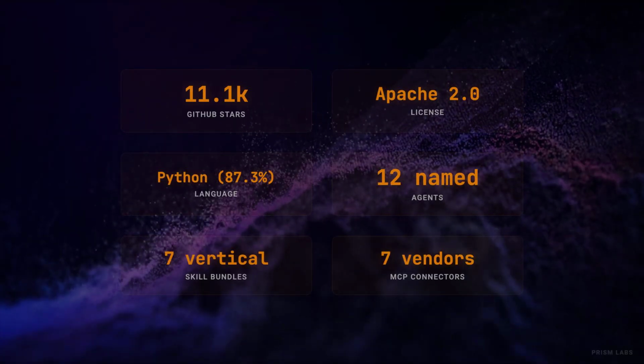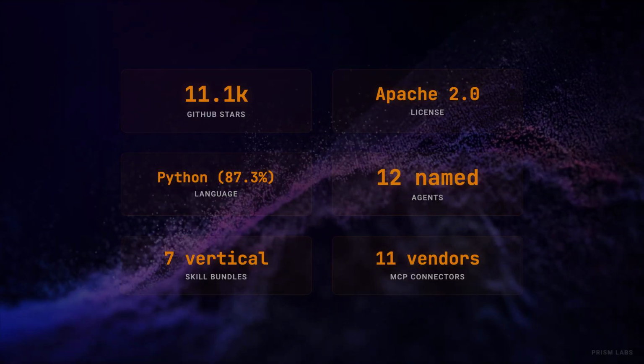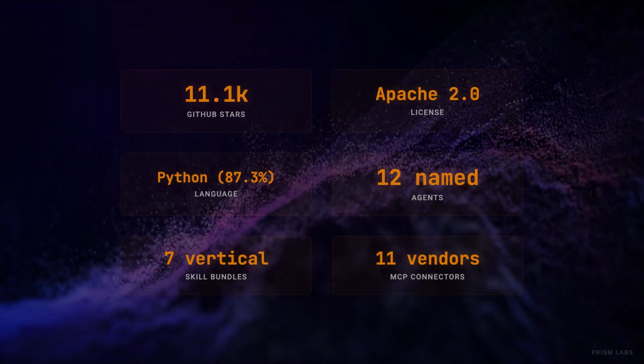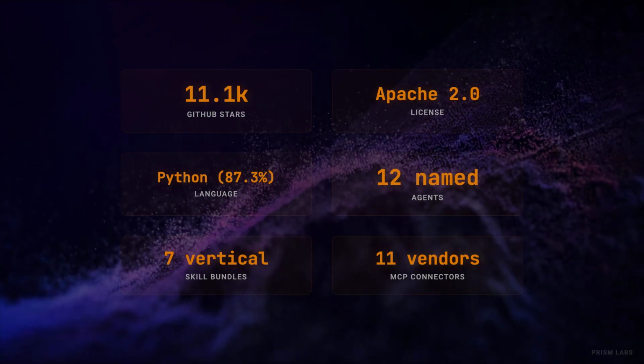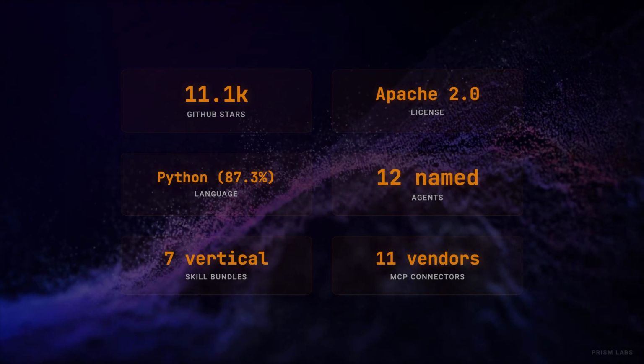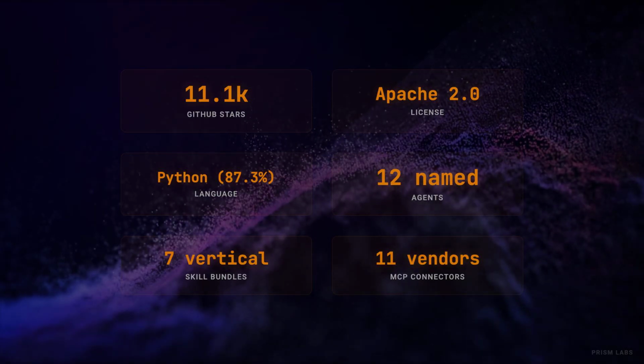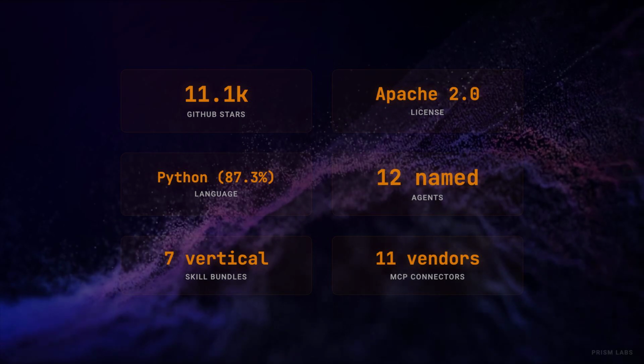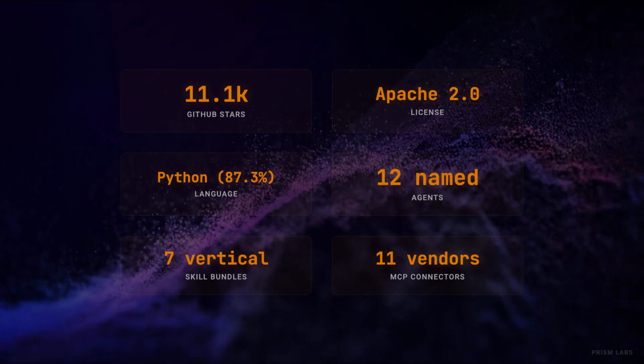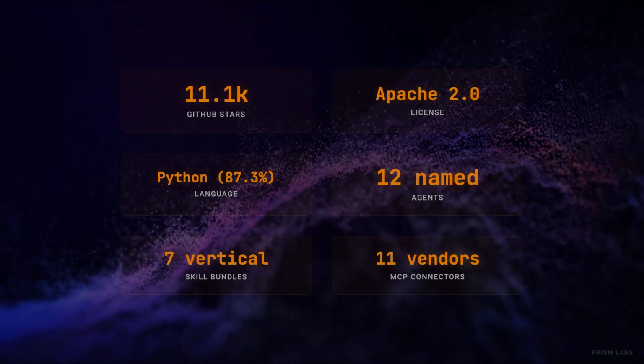By the numbers. 11.1K GitHub stars on anthropics/financial-services. Apache 2.0 license. Fork-friendly, production-friendly, no commercial restrictions on the code. Codebase is 87% Python by line count, with the rest in agent definition markdown and configuration JSON. Built and maintained by Anthropic.